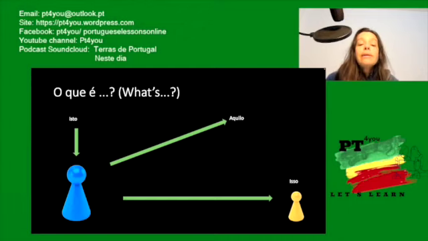Therefore, we use these forms in the questions, because when you answer, then you already know what it will be, and then you can change. So imagine that I ask, o que é isto? O que é isso? Ou o que é aquilo?